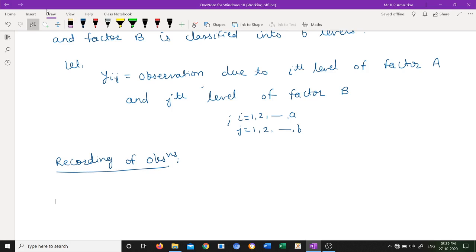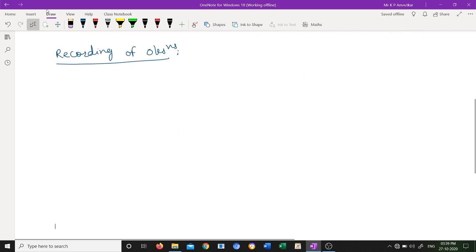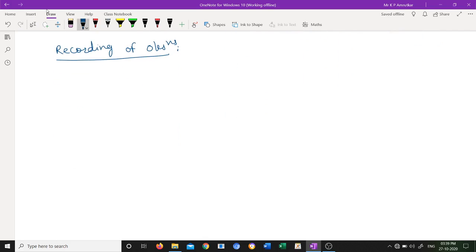Recording of observations in two-way ANOVA. Suppose here is factor B, and on this side, factor A. Factor A has A levels, so 1, 2, in general i, and the last one is the Ath level. Factor B has B levels, so 1, 2, suppose this is the jth level, and this one is the last, Bth level.